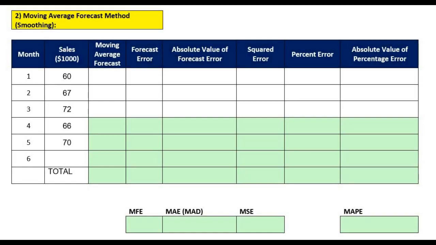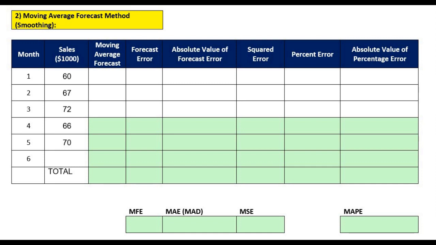We proceed with the second forecasting method, which is the moving average forecast. We will be using the same data set that we used during the naive forecast. To get the forecast, we will get the average of the last 3 months.